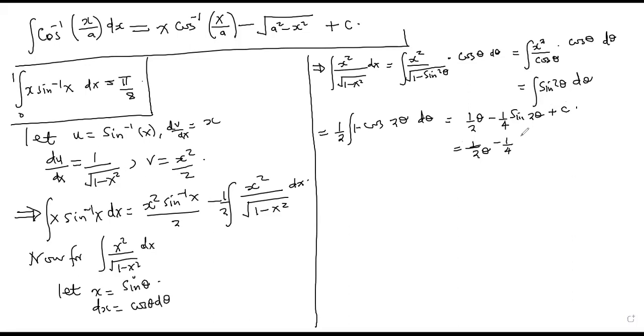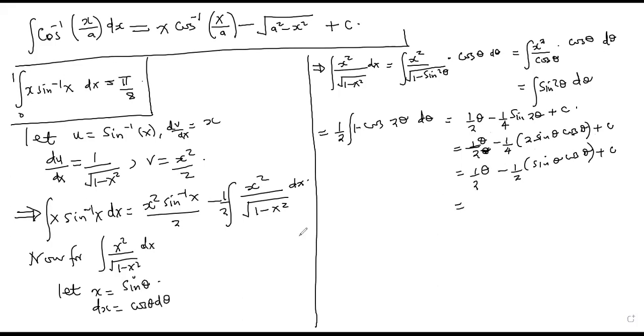Sine 2 theta can be written as 2 sine theta cos theta from our trigonometry, plus a constant of integration. 2 we reduce with 4 so that we get 1 over 2 theta, then minus a half of sine theta cos theta plus a constant of integration.